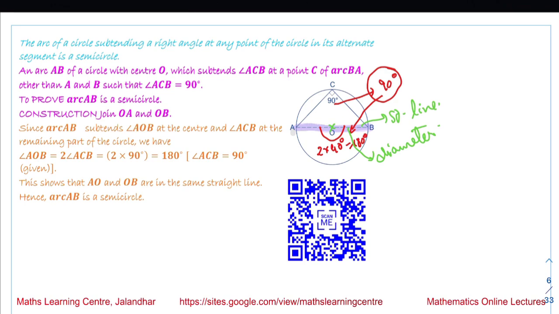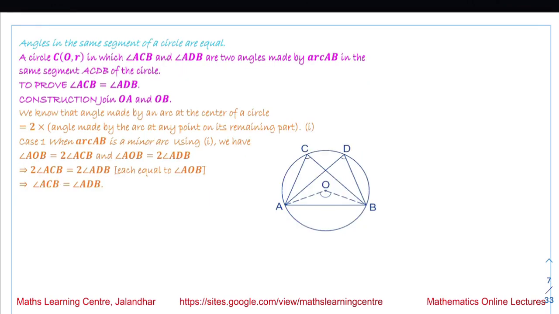And the next result that we have is: angles in the same segment of a circle are equal. Angles in the same segment means, suppose we are talking about this chord AB, and this minor arc AB is corresponding to this chord AB.